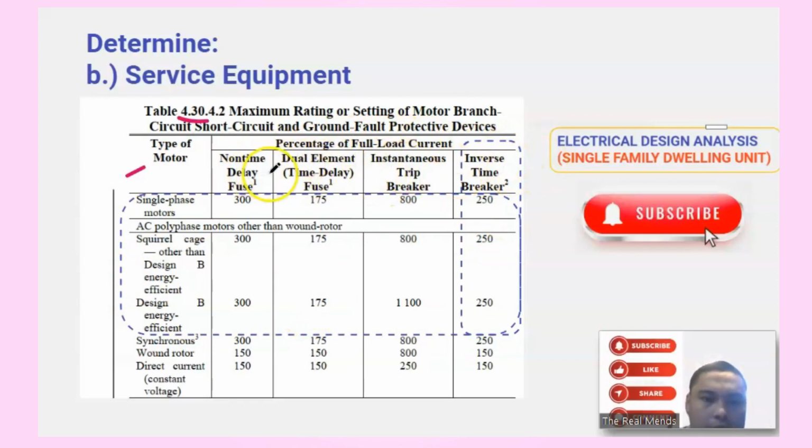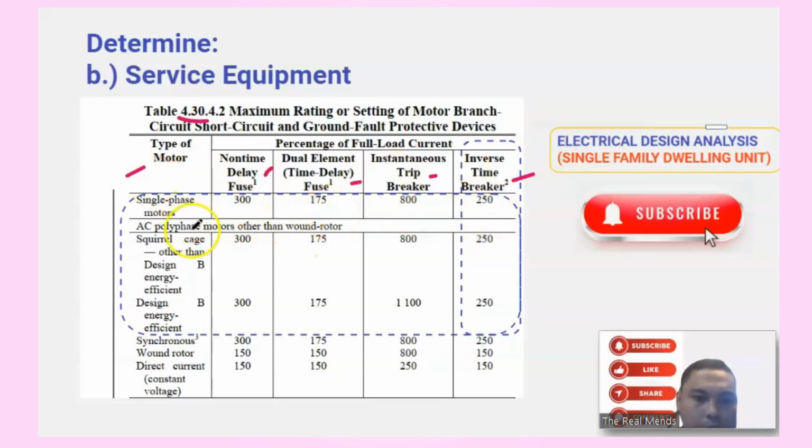So non-time delay fuse, dual element time delay fuse, instantaneous trip circuit breaker, and then we have inverse time circuit breaker. So for our design, let's use this inverse time circuit breaker.